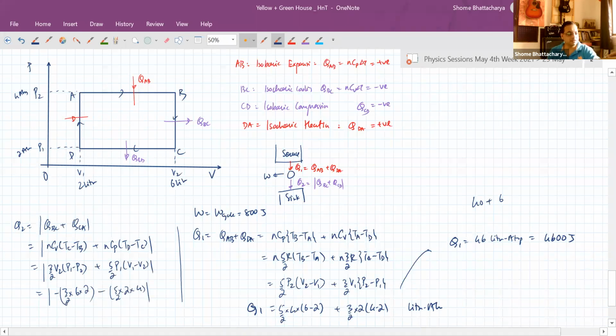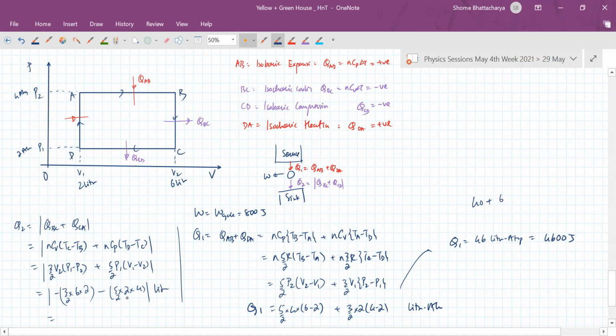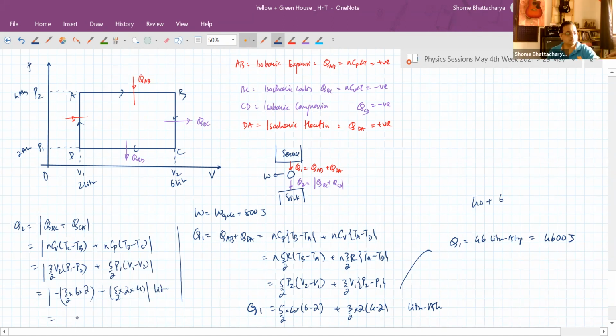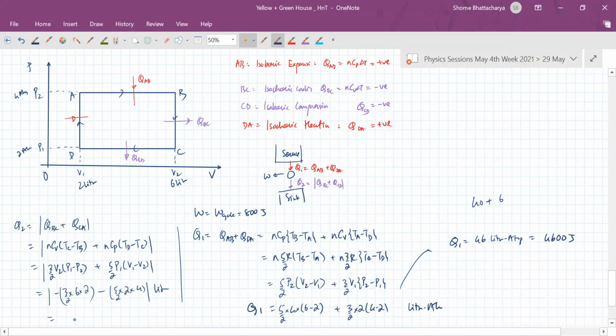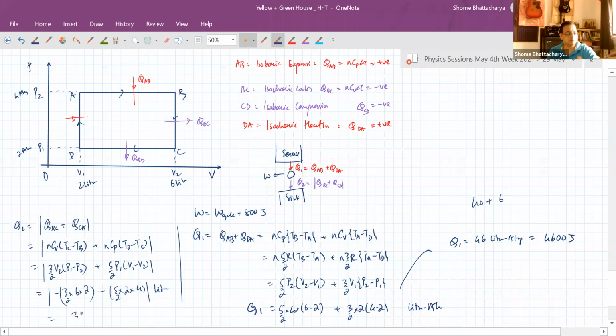When we take the mod, we'll remove the minus sign. So this is coming out to be how much in liter atmosphere now? Minus 38, right? Yes, sir. So this will come out to be 38 liter atmosphere. So that is 3,800 joules.